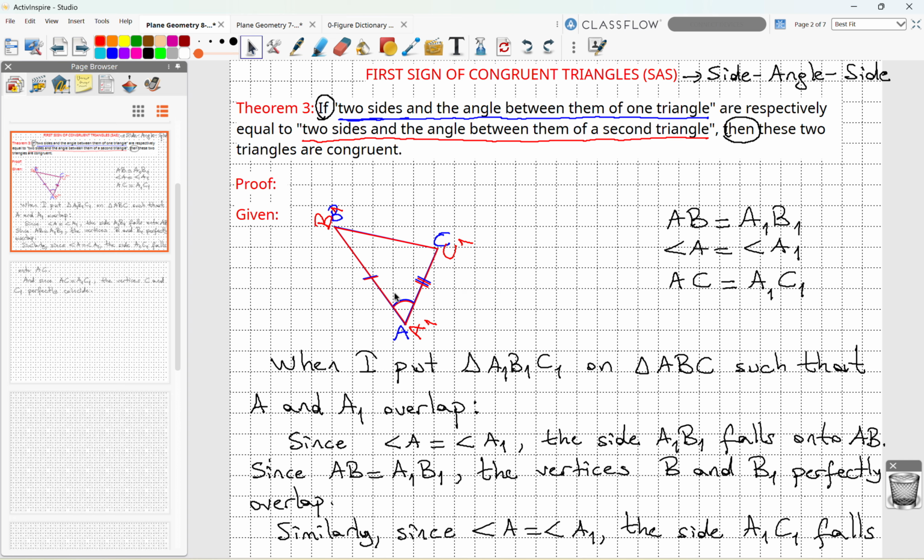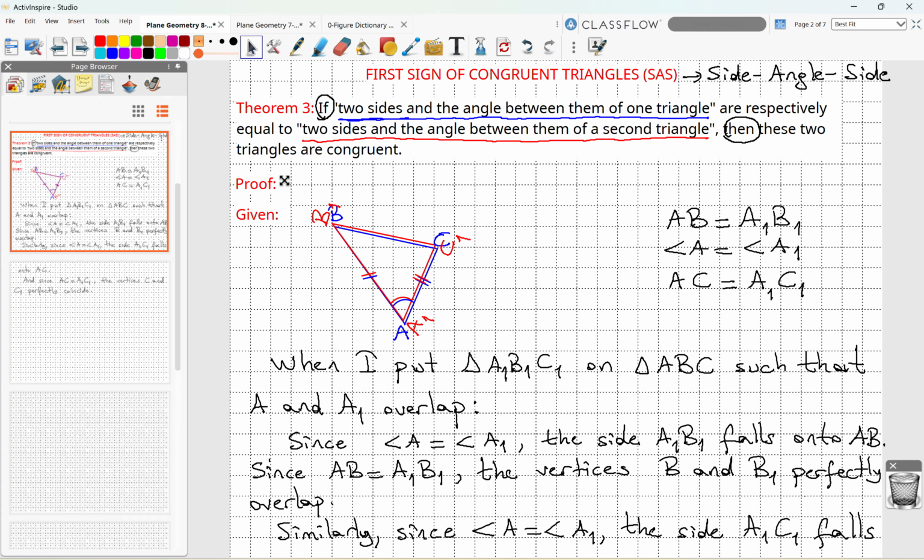So what do I see now? I see that vertices A and A1, sorry, B and B1, C and C1, they perfectly overlap, and that's why the sides AB and A1B1, the sides AC and A1C1, the sides BC and B1C1, they also perfectly overlap.